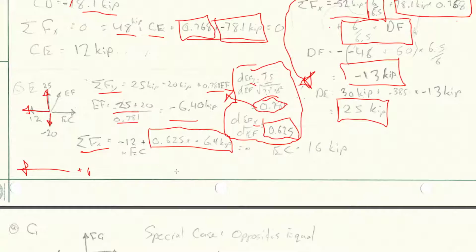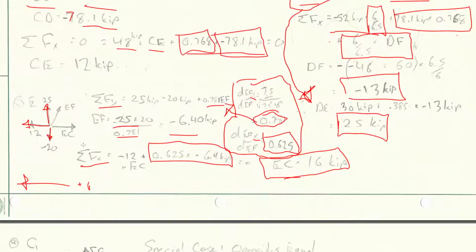So solving for EC, it's just going to be equal to 12 plus 6.4 times the 0.625, which ends up being 16 kip.